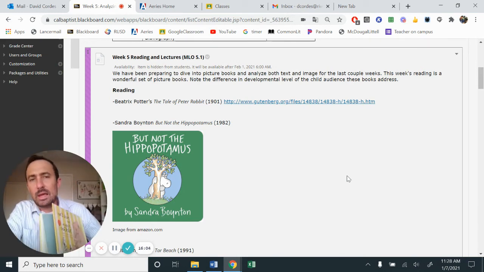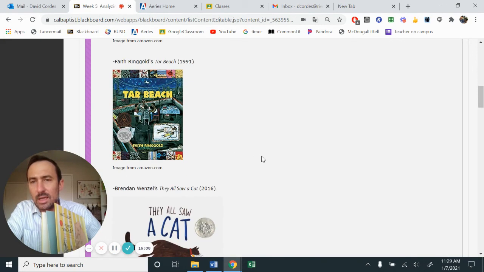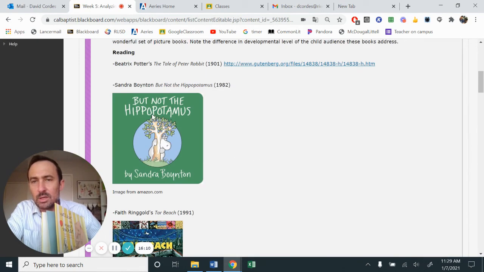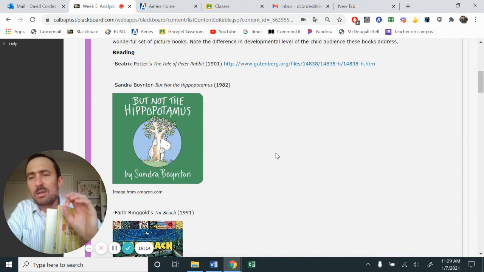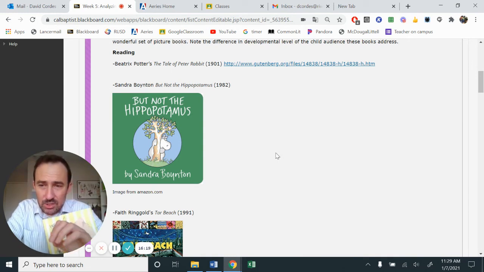Okay. When we analyze these texts, when we're looking at They All Saw a Cat, Tar Beach, But Not the Hippopotamus, we are looking at very purposeful concepts, ideas, and images for our child reader. So things are done on purpose.